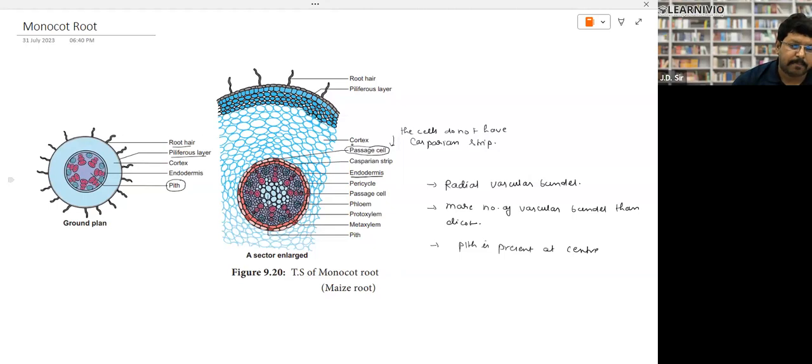This layer is called the epiblema layer. This is made up of slightly thicker cells. Epiblema. The number of vascular bundles may be 20 to 30.